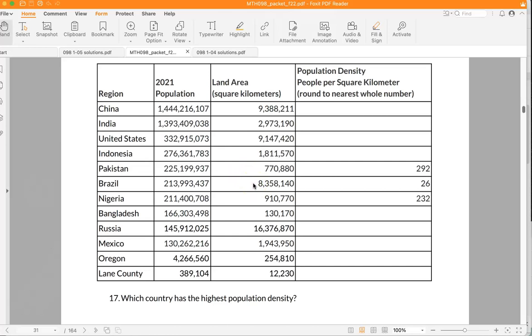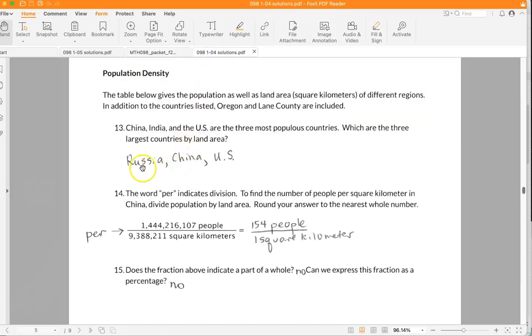So maybe you already suspected that Russia was the biggest, but the US is third by land area. And we're actually also third by population, so we're a really big country. Russia, China, and the US are the three largest countries by land area.